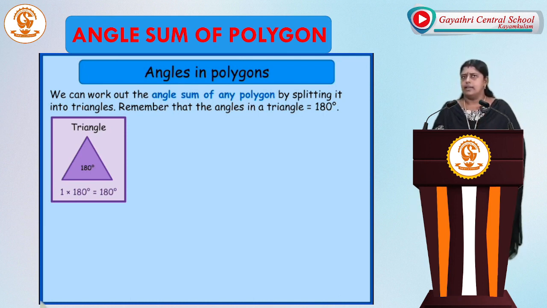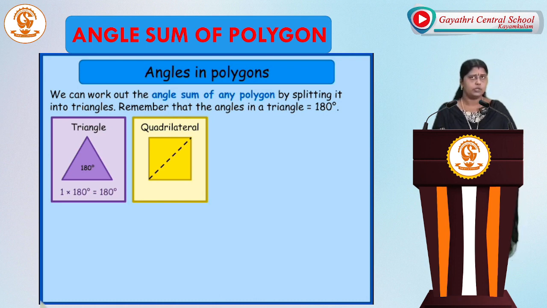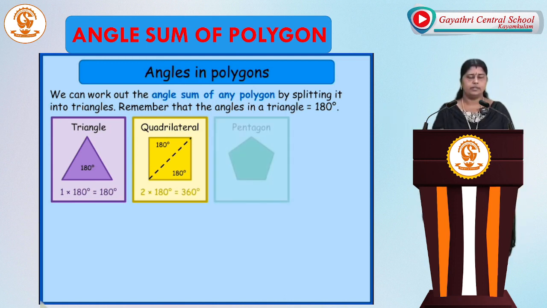In a quadrilateral, there are 4 sides. How many triangles? 4 minus 2, so 2 triangles are formed. So the sum of interior angles is 2 into 180. There are 4 sides, and by drawing the diagonal, there are 2 triangles. So 2 into 180 is 360 degrees.